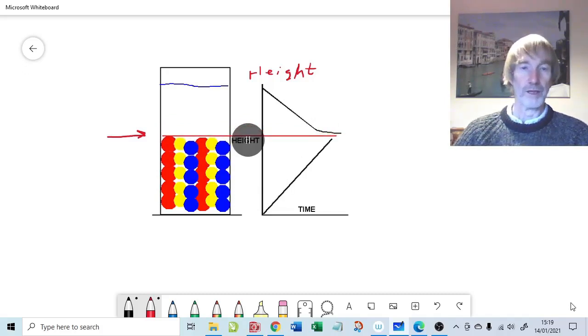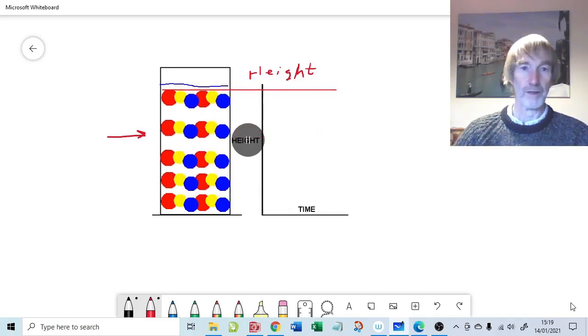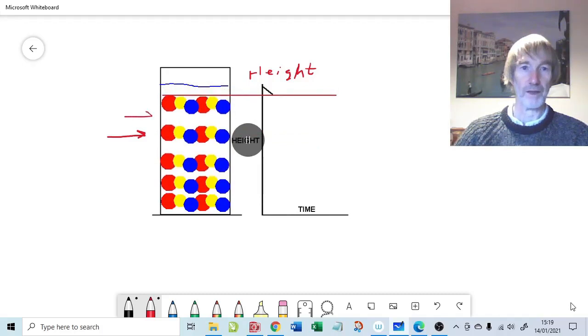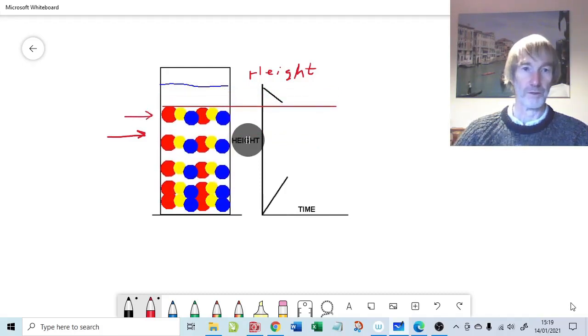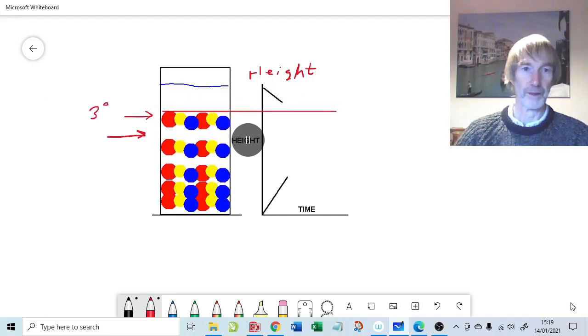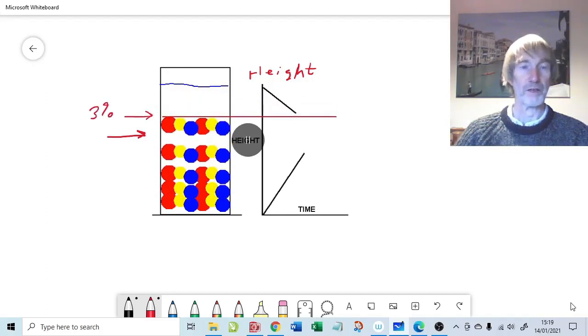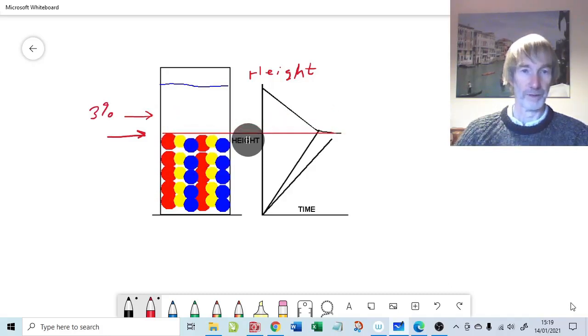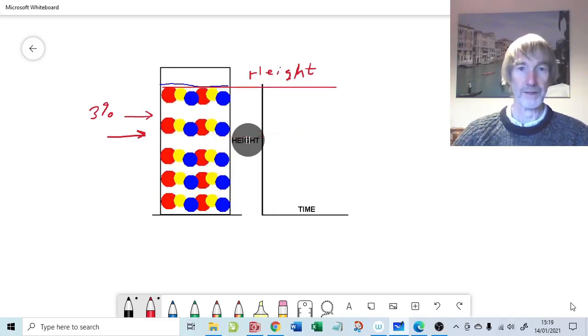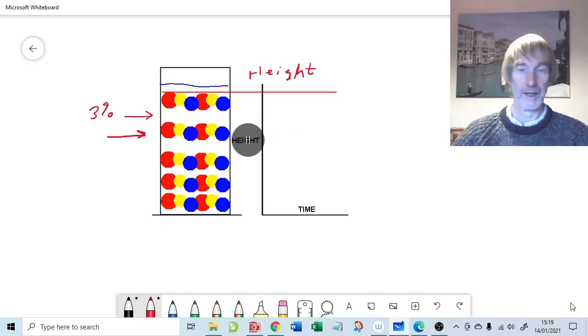So the concentration in this area just here is the same as the original solids concentration, which is 3% in our particular question. So initially we've got 3% solids settling until we get to the point where the solids all come together, and it's settling in a straight line.